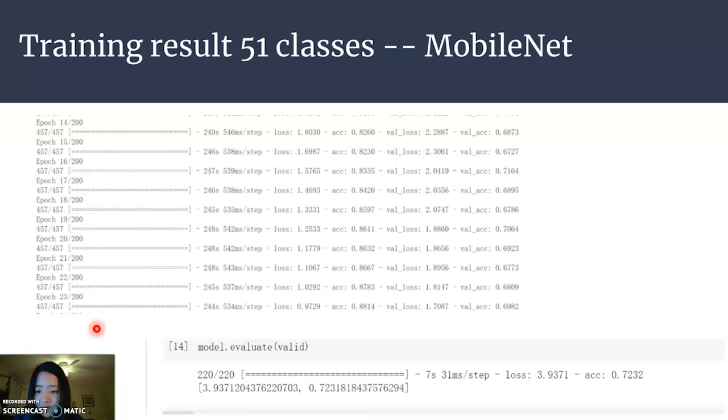The test result is around 70%, which is not bad since this HMDB dataset is pretty challenging. We analyzed that it may be because each class only has 100 files, which makes it hard to validate.